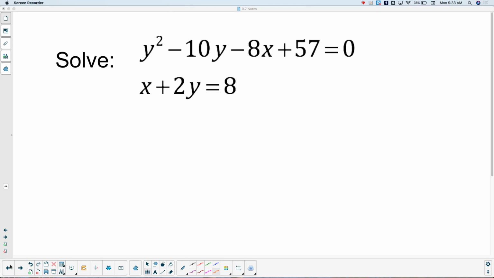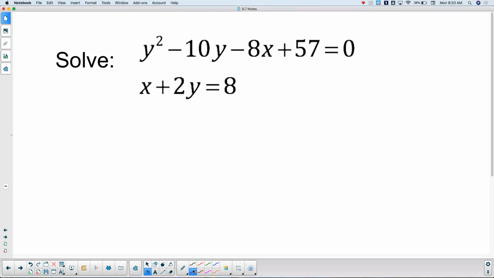x plus 2y equals 8. What's that? That's a line, right? Okay, all right. So logic tells me that if I've got a right opening parabola, how many different ways can a line intersect it?